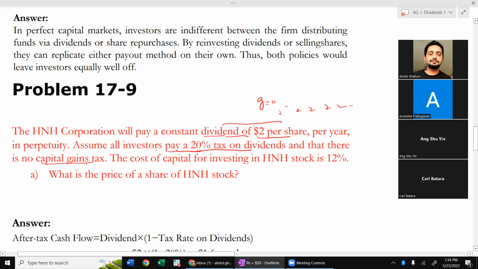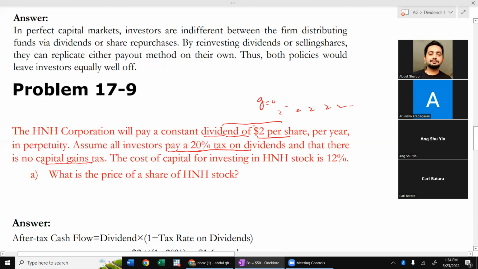Please listen again: all investors pay a 20% tax on cash dividends, and there is no capital gain tax, meaning if the company does a share repurchase, there are no taxes.